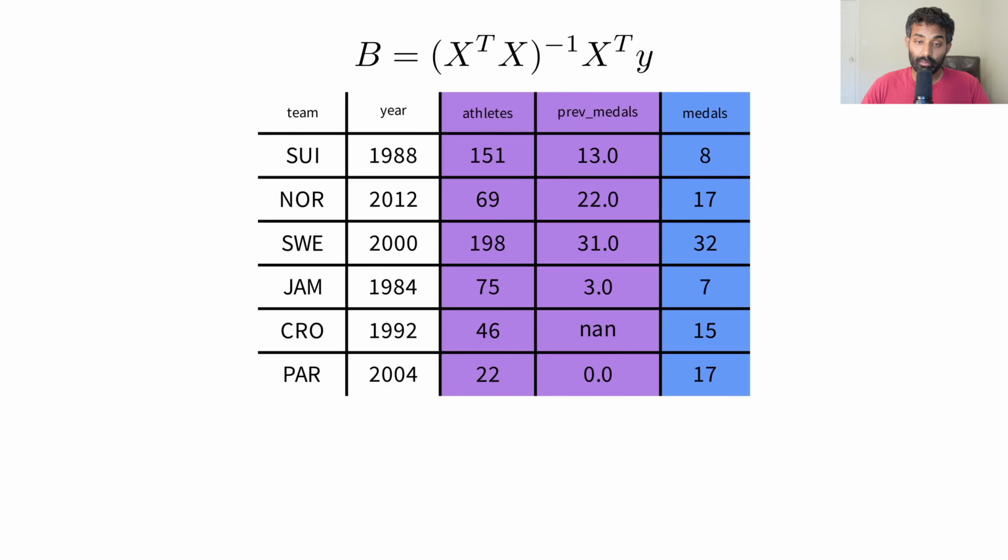So given the number of athletes a country entered into the Olympics and how many medals the country won in the last Olympics, can we predict how many medals they'll win in this Olympics? And we're going to use this formula, b equals the inverse of x transpose x times x transpose times y, to find the coefficients and make our predictions. So the next thing we'll do is go ahead and actually code this in Python.